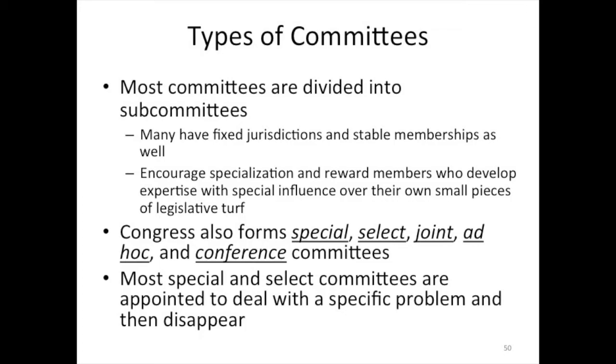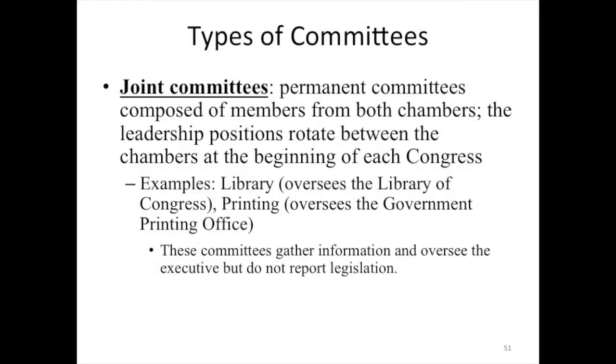Congress also forms special, select, joint, ad hoc, and conference committees. These are different from standing committees. Most special and select committees are appointed to deal with a specific problem, then they disappear once the problem's solved. Joint committees are permanent committees composed of members from both chambers.